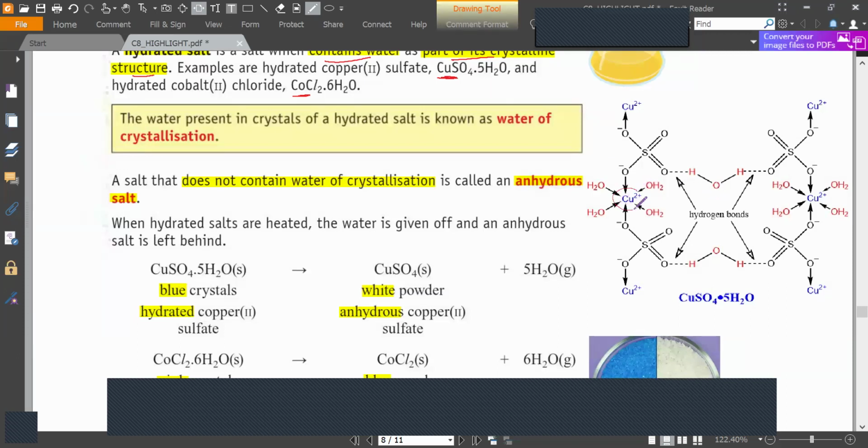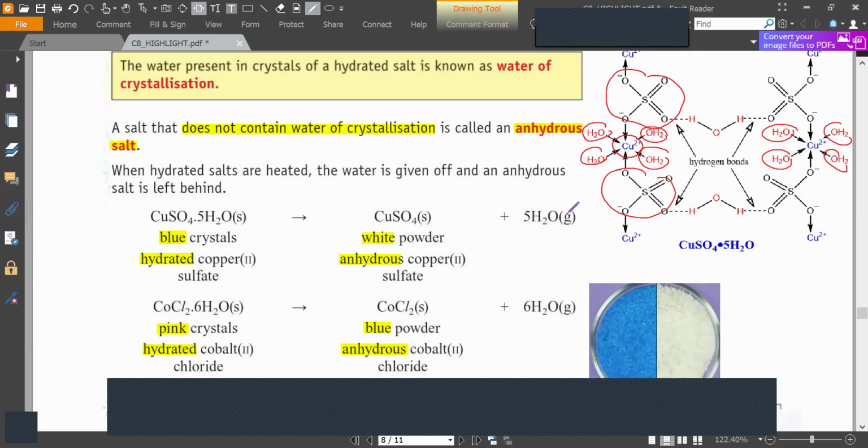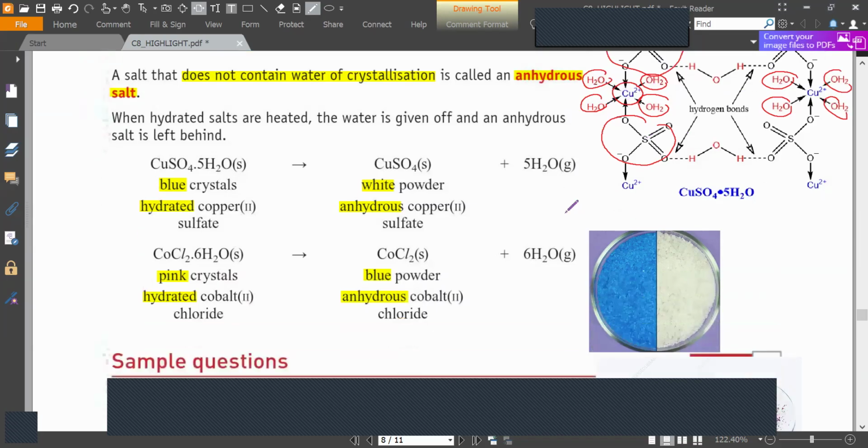This one is the copper sulfate, and it is associated with the water molecules like this. This is called water of crystallization. This can be useful because we can use copper and cobalt salts as a detection for water.